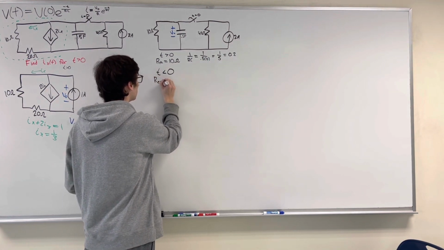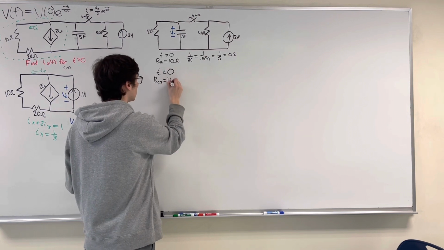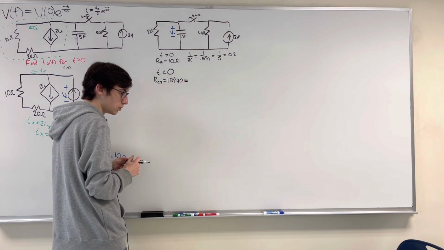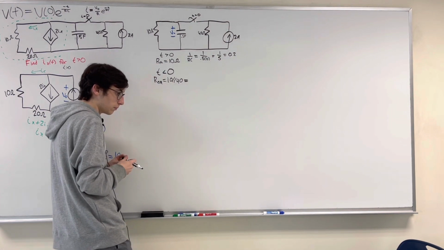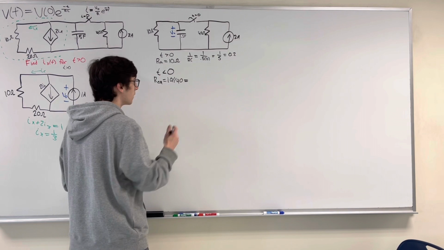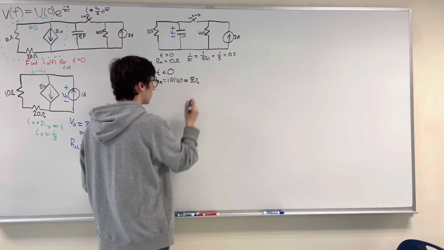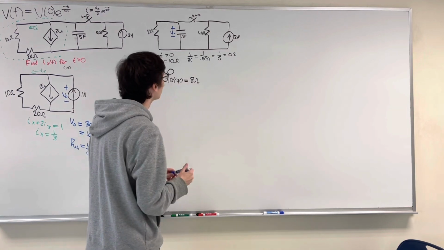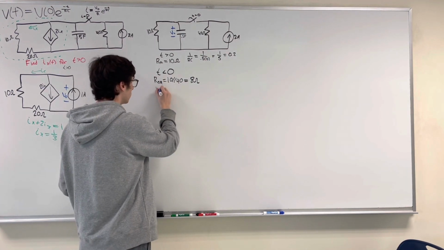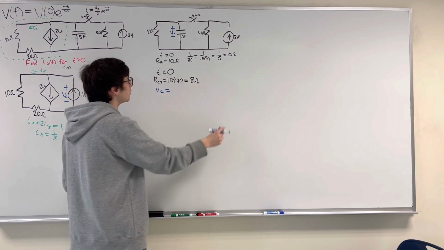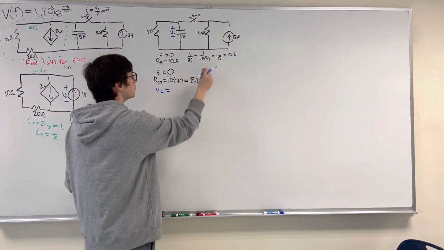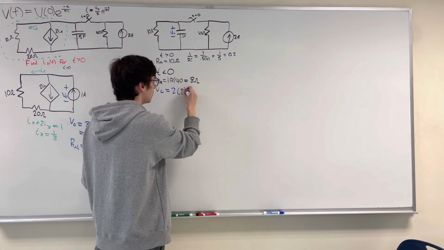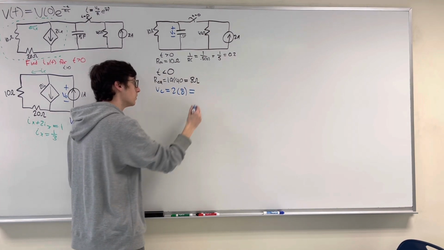So our REQ is going to be equal to 10 and 40 in parallel, which is equal to 8 ohms. So then with that, we can easily find our VC. VC is going to be basically just Ohm's law. So it's going to be equal to our 2 amps times our equivalent resistance, which is 8, which is equal to 16 volts.